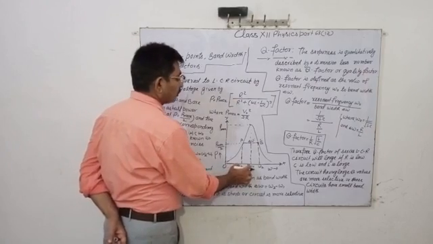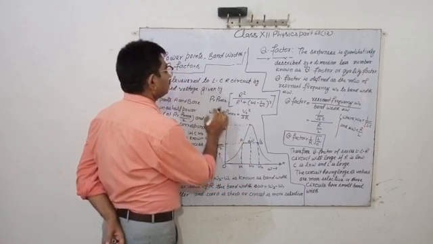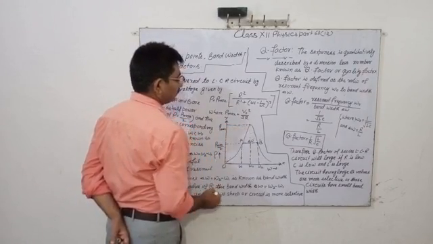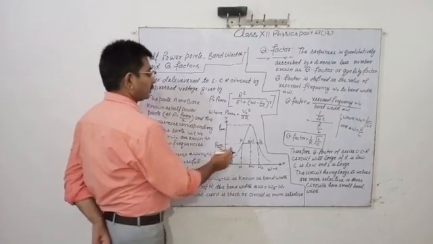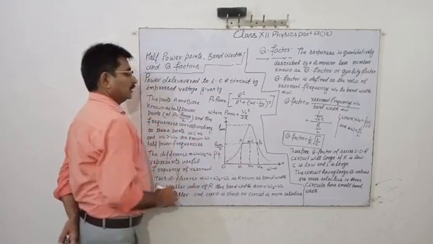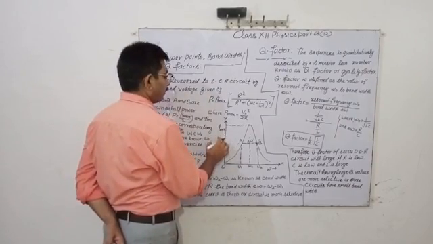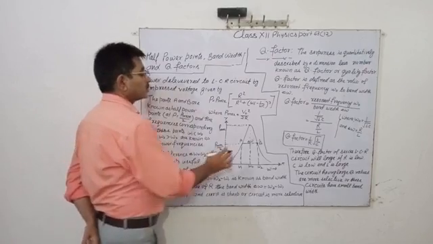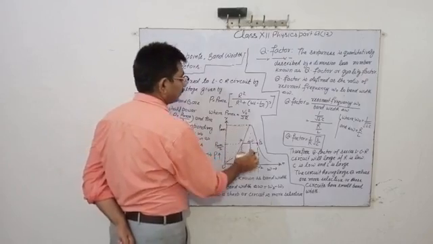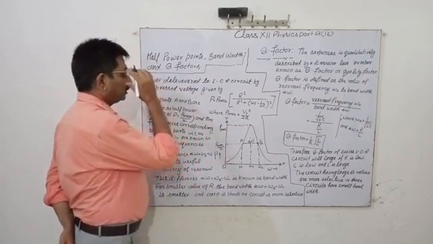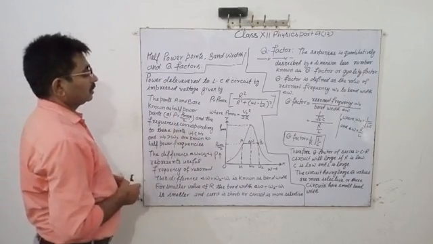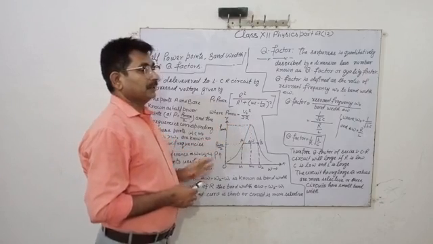At omega equal to omega naught, P will be maximum, P max, and there are two frequencies, omega 1 and omega 2, at which the power is half of the maximum power, as shown in the graph. At omega naught the power is maximum, therefore omega naught is known as the resonant frequency. Means at the resonant frequency, the power will be maximum.